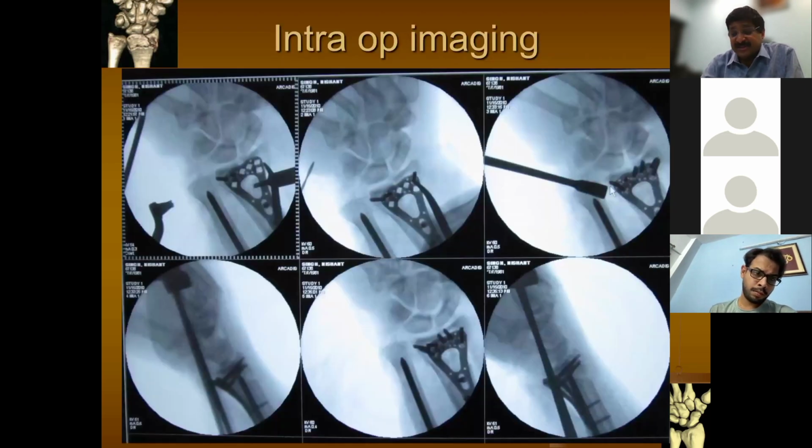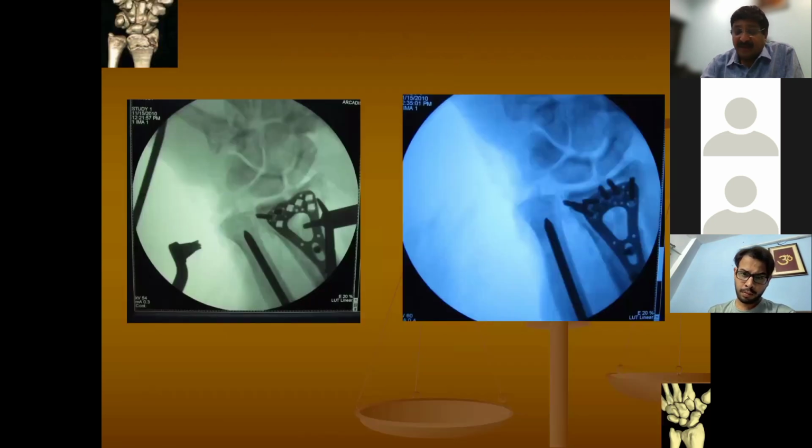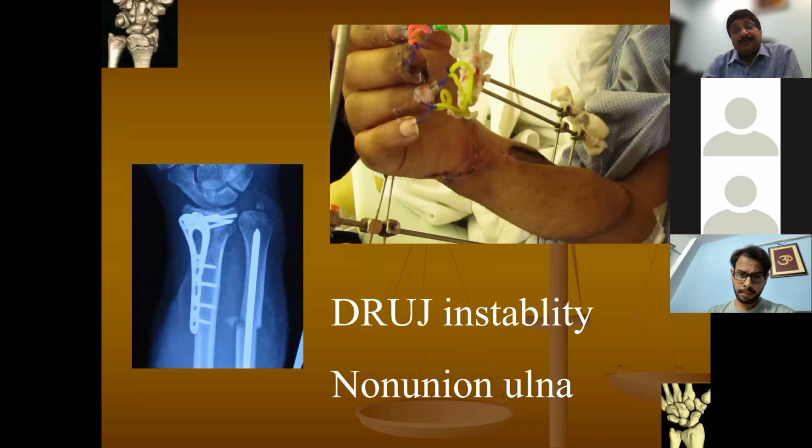I'll not go through the steps, but we'll discuss in another talk how to fix the distal radius. There was resurfacing using an anterolateral thigh flap, and the ulna was wired.